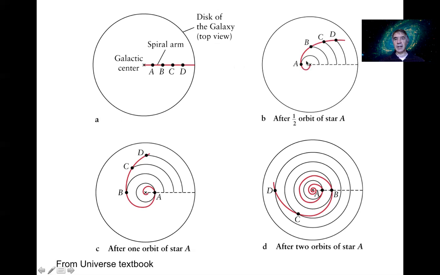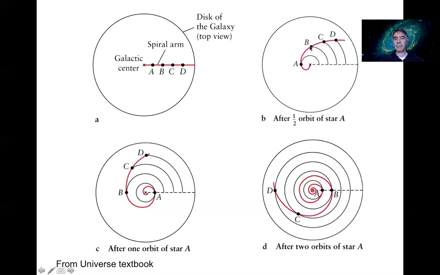Now let's look at the situation after star A has gone half an orbit. Star B is twice as far away, so the period of star B is twice that of star A. So it's only gone a quarter of an orbit.